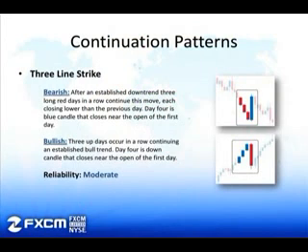Now, taking a look at continuation patterns, you'll see immediately how this can be a difficult thing to read. Because when you see 3 candles in a direction and then a sharp reversal, it's very tough to feel that that is not a reversal.